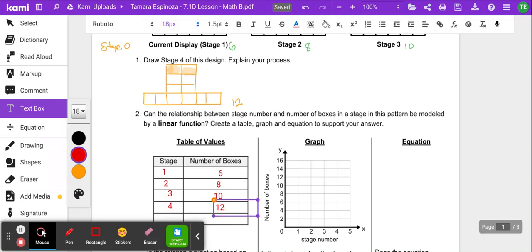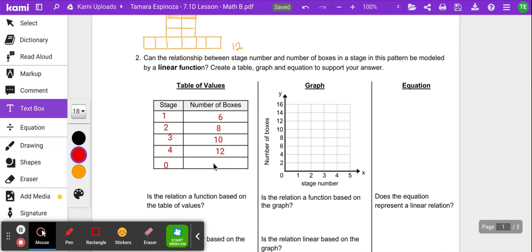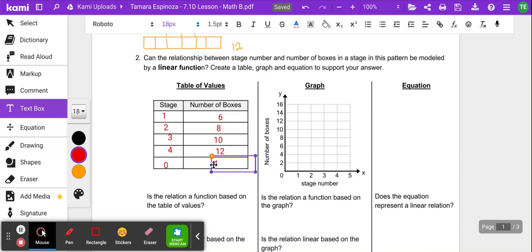Okay, then I have to put something I didn't draw. I'm going to go ahead and put stage 0 because I find stage 0 to be really useful for everything else I'm going to do. But you can put stage 5 or whatever you want. I know at stage 0 there would have been 4. So I had to create one for the bottom.